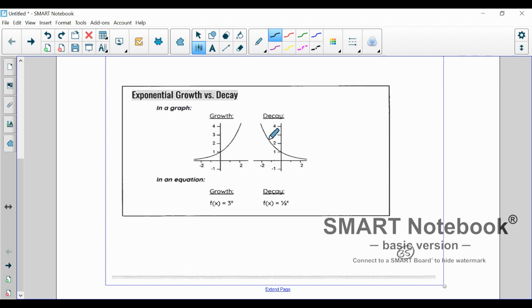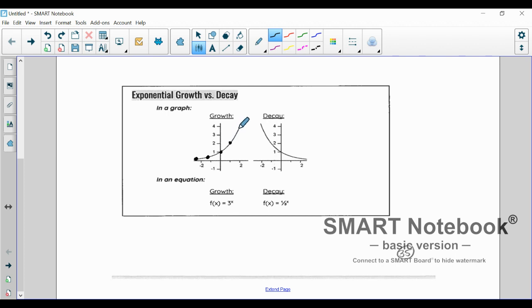So in a graph, exponential growth is when you start small and you increase rapidly. When we look at an equation, we're going to notice that the base is greater than 1. So the number that's being raised to the x power, the exponential part of it, is going to be greater than 1.